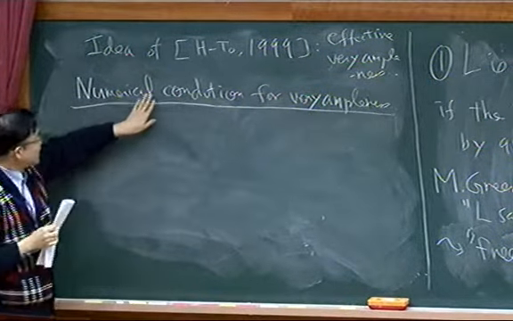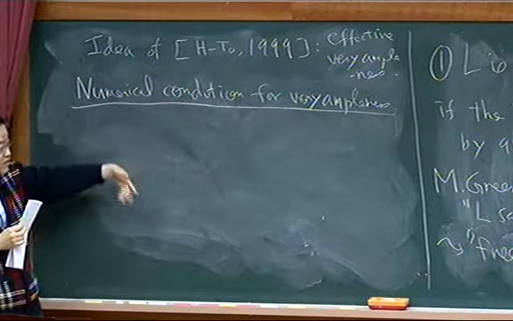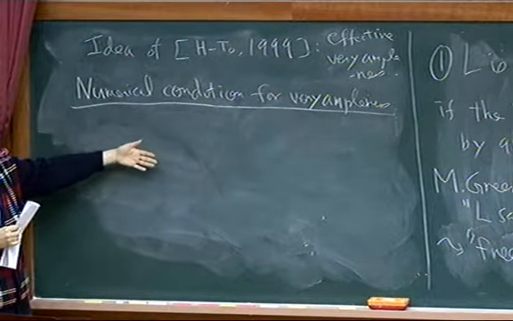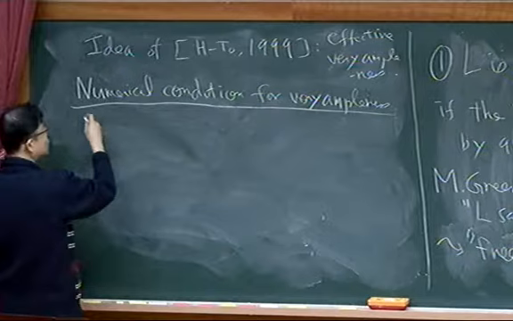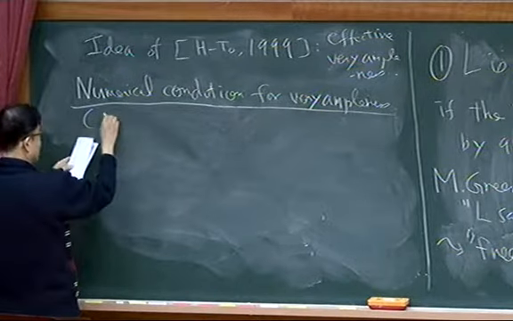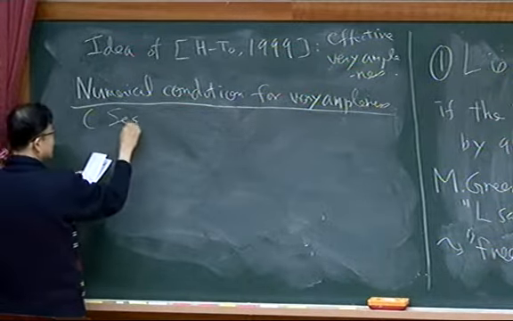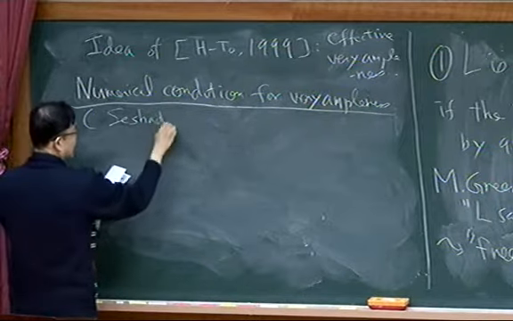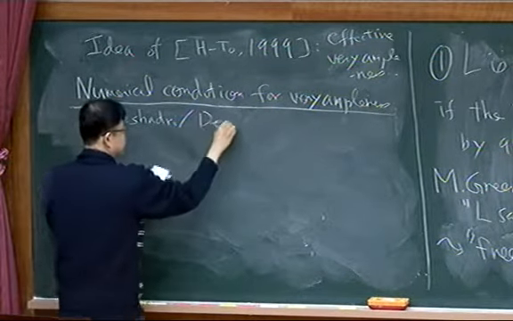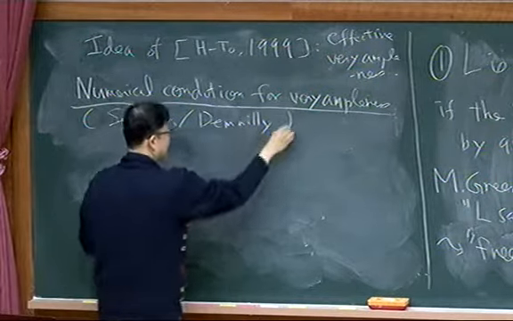And as I said, a numerical condition means a condition on the cohomology level. This condition was due to Demailly, but it originated from syzygies. And it says the following.